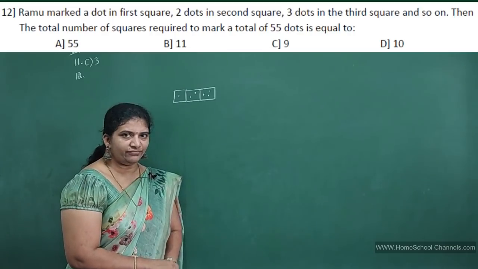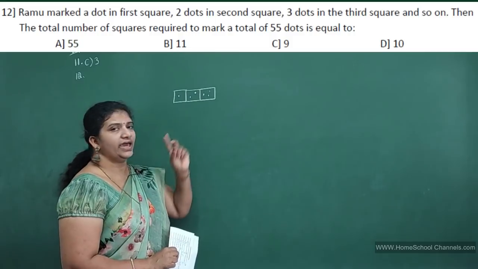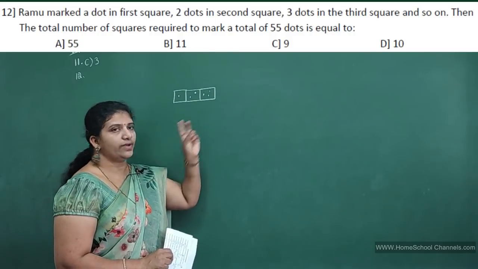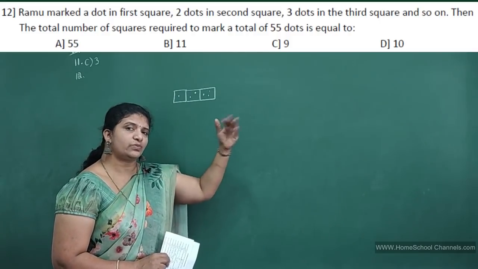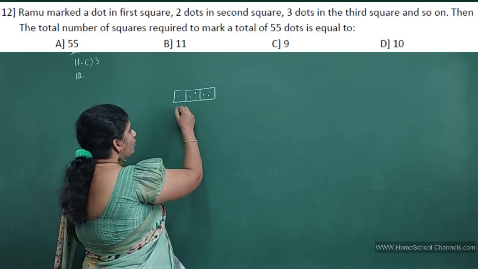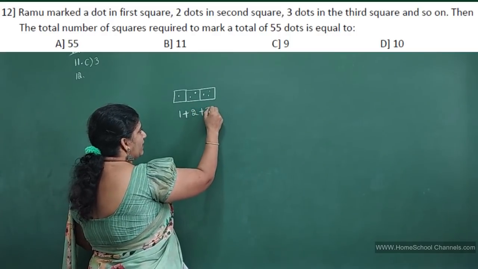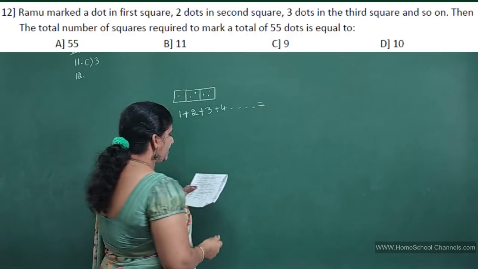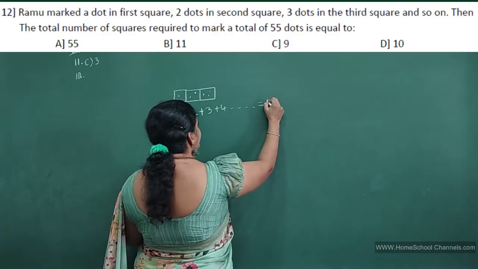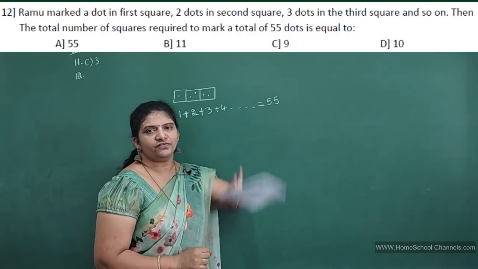Understand the question carefully. First square, 1 dot. Second square, 2 dots. Third square, 3 dots. Similarly, fourth square 4, fifth square 5, like that. When we add this, 1 plus 2 plus 3 plus 4 and so on, the total number of dots is 55.